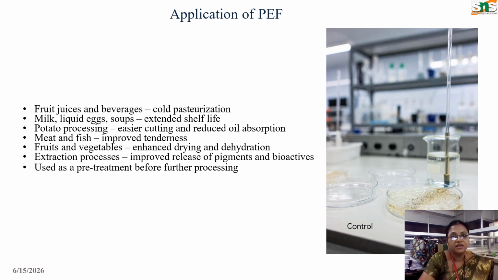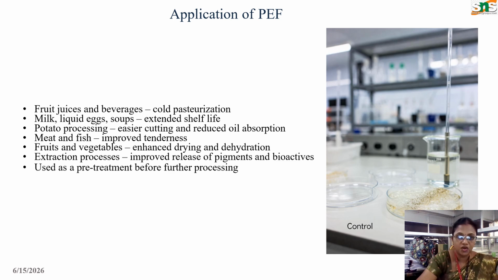So how and where is the pulsed electric field applied? Mainly in the processing of fruit juices and beverages, and we call it cold pasteurization. It is also used for processing milk, liquid eggs, soups, and to extend the shelf life. In potato processing, it makes cutting easier and reduces oil absorption.